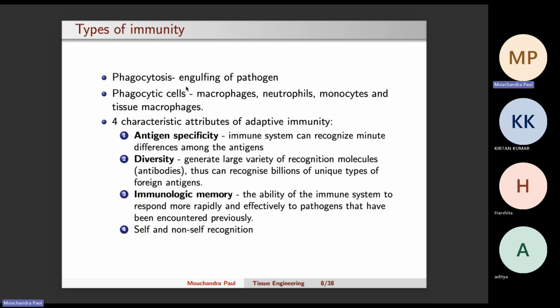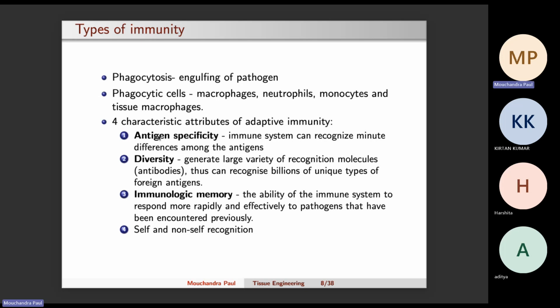In the cytosol, there are various kinds of hydrolytic enzymes which will kill it and degrade it. So that is phagocytosis. So what are the phagocytic cells? The macrophages, neutrophils, monocytes, and the tissue macrophages. All these cells are phagocytic in nature.